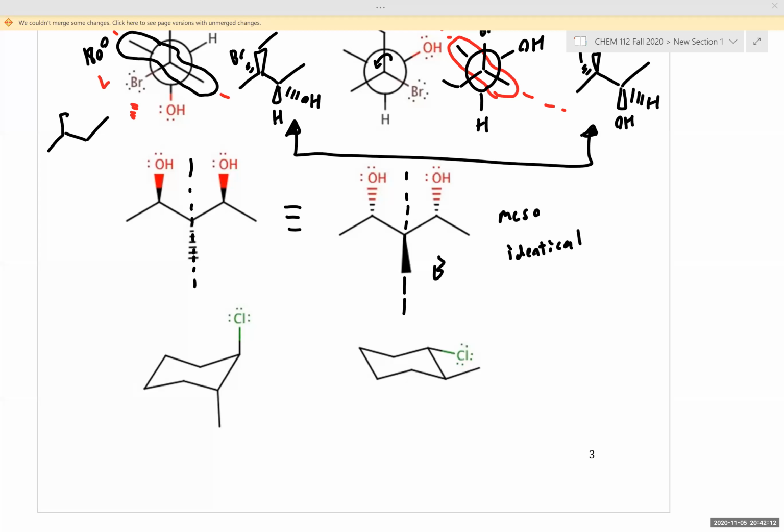Does that make sense? You can note that this compound's meso, yeah. Does this example make sense?